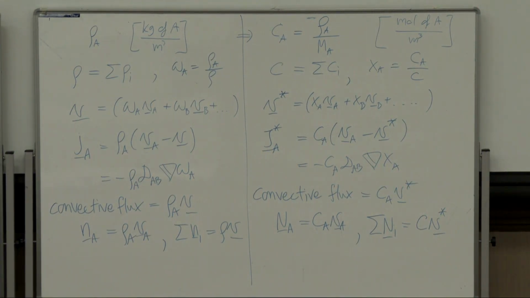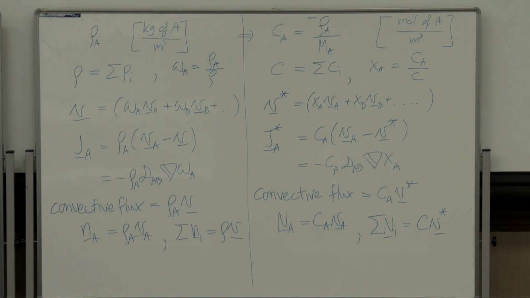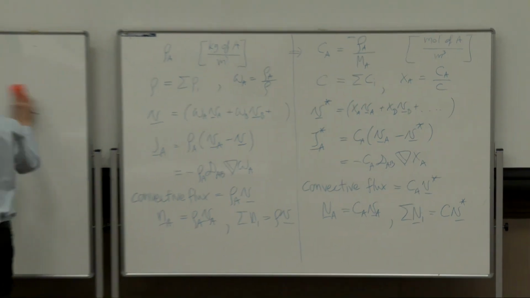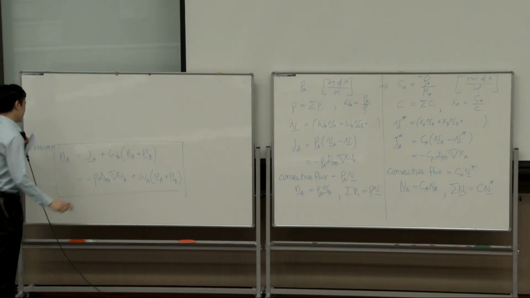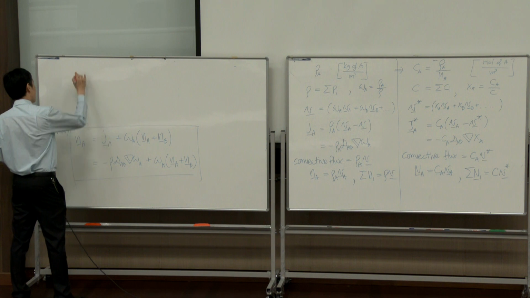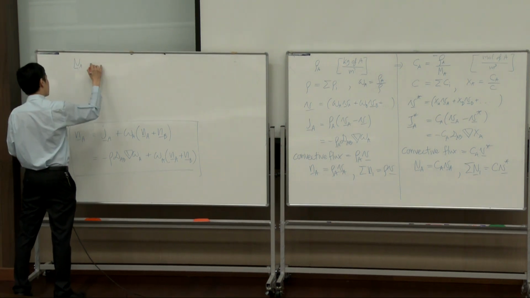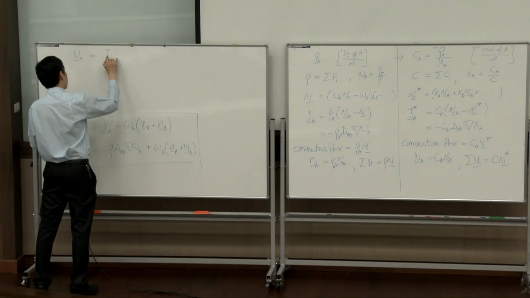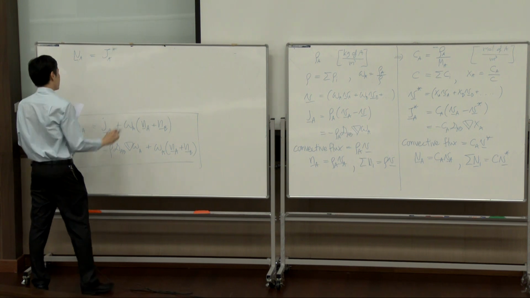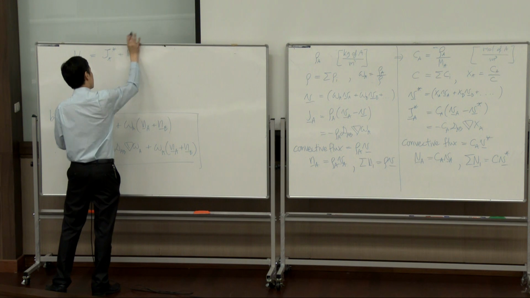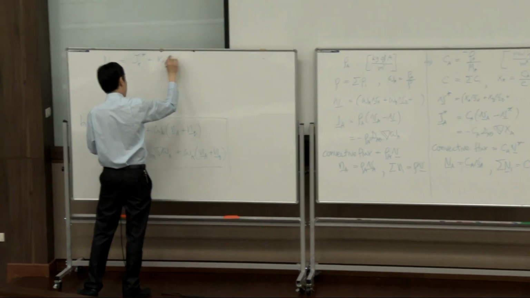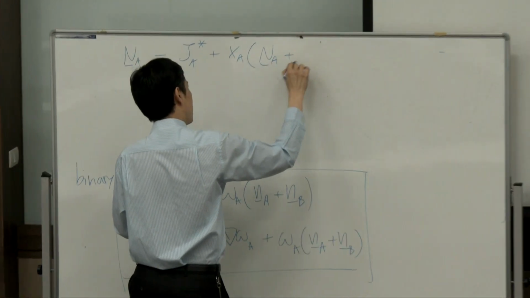Now, for this equation, for a binary system, combined flux A would consist of diffusion flux and convective flux, which is XA times (NA plus NB).